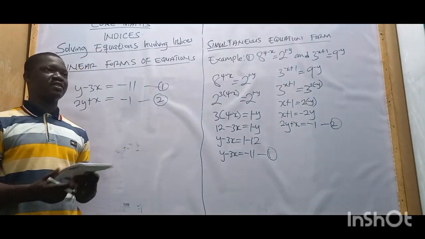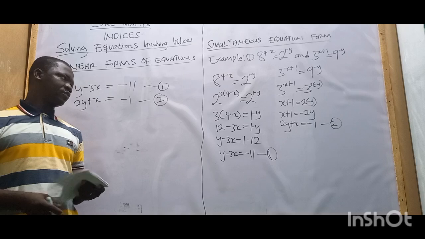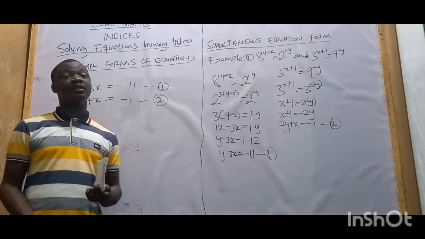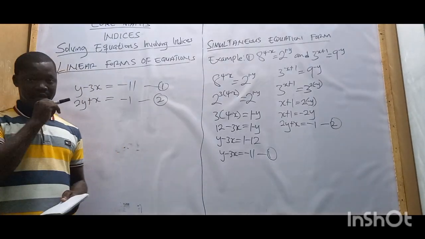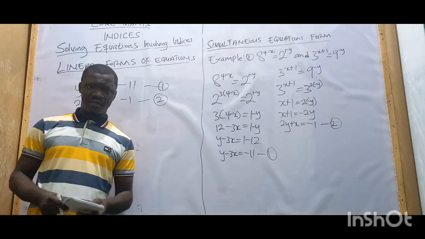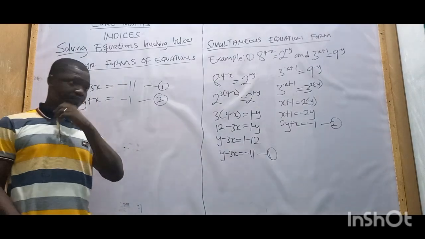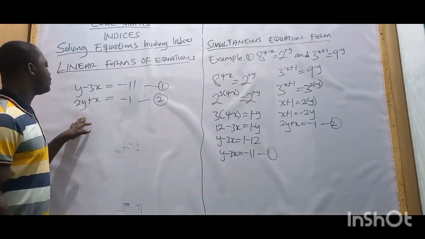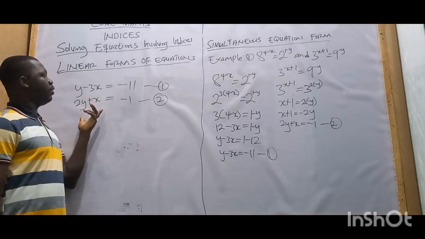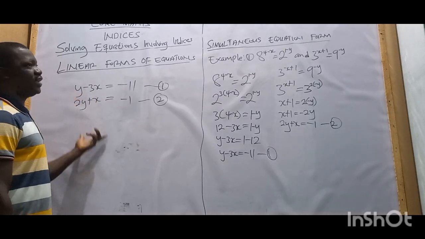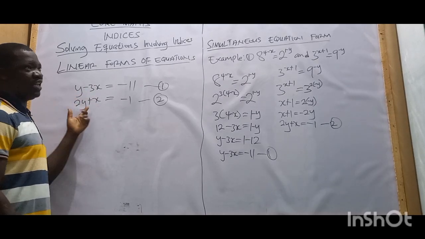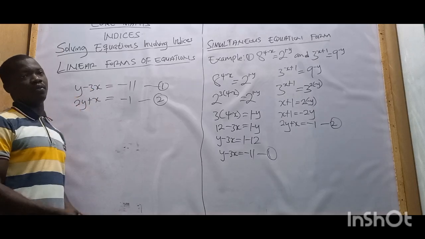You know, in maths there are several approaches. To me, the easiest approach would be elimination. Right. So in using elimination, you have to make sure that when you add, one side will give you 0 so that you eliminate that variable.